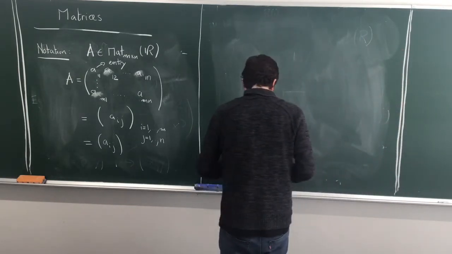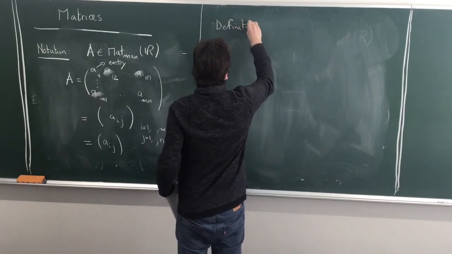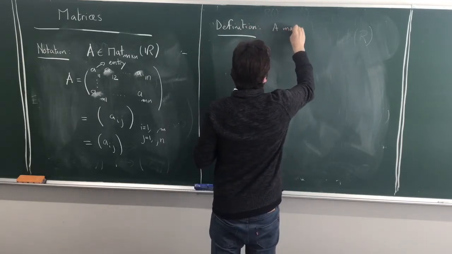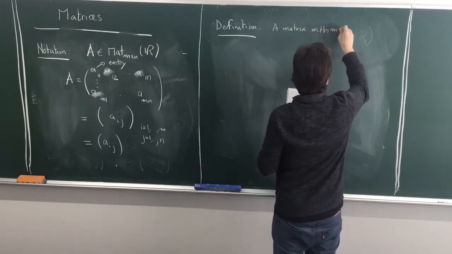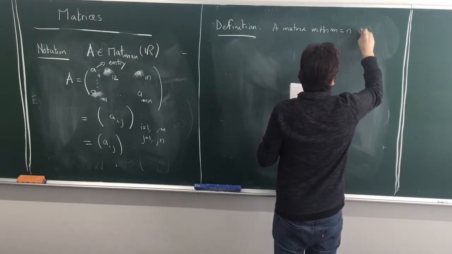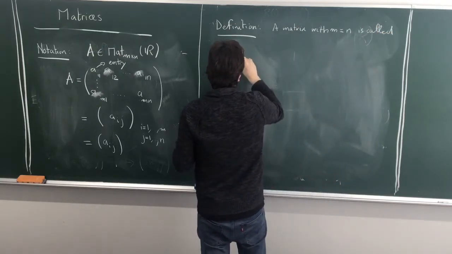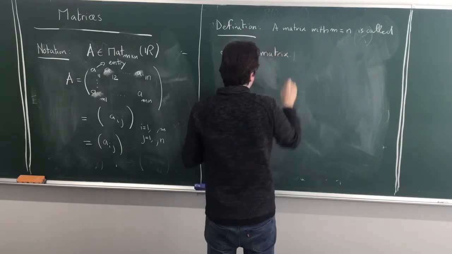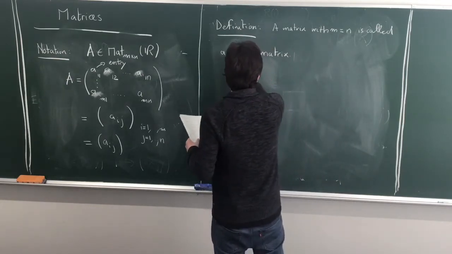A little more definition. A matrix with m equal n is called a square matrix.